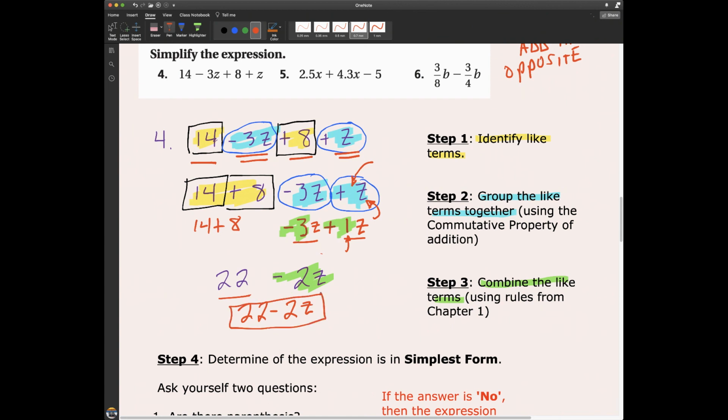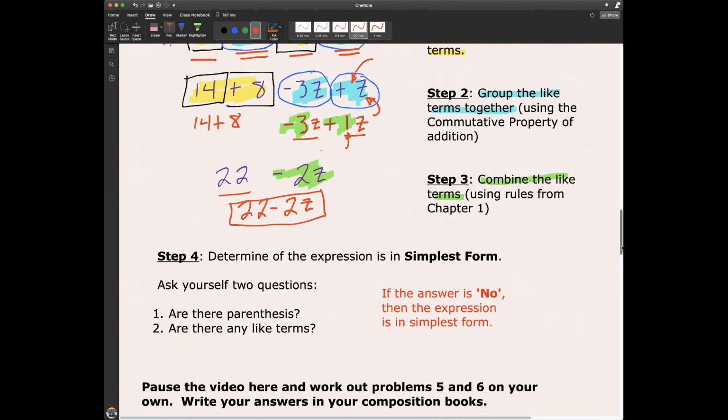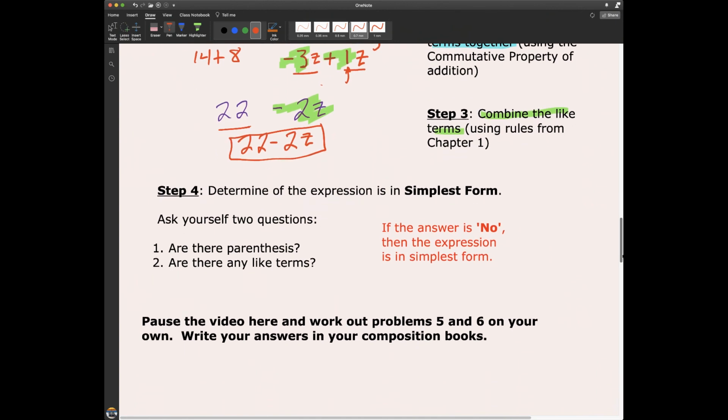All right. And I can say that it's the final answer because I already know the answer. But if you don't know if this expression is in simplest form, then you have to ask yourself 2 questions. Question 1, are there parentheses? No, there are no parentheses up here in this expression.